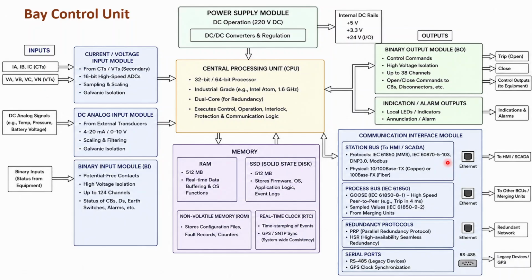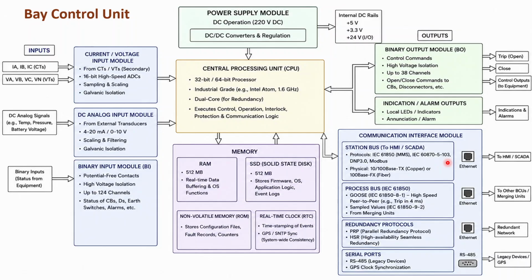So there are various different communication interfaces facilitating different functions. For the station bus and the SCADA system, they use the IEC 61850 and IEC 60870 communication protocols, and DNP3, Modbus. So all these communication protocols are used, right?